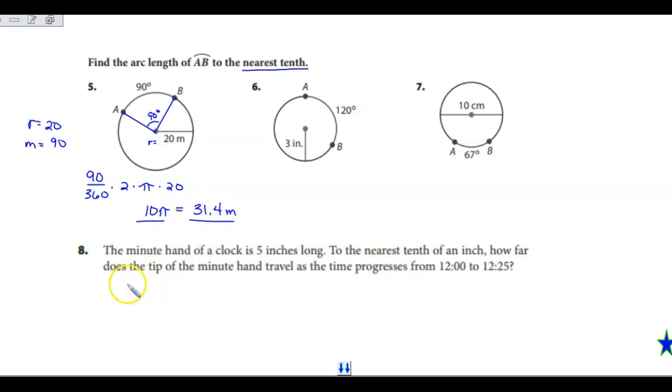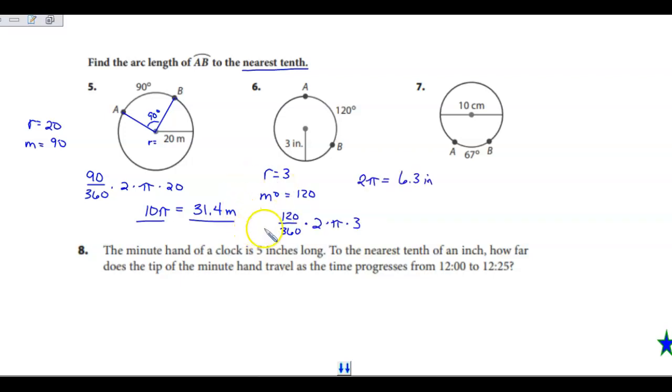Take a look at number 6 and find your radius and your measure of your angle degree. Okay, at this point you should have found that your radius is 3, not 30, and that your measure of the angle degree is 120. Go ahead and find your answer in terms of pi and in decimal form.